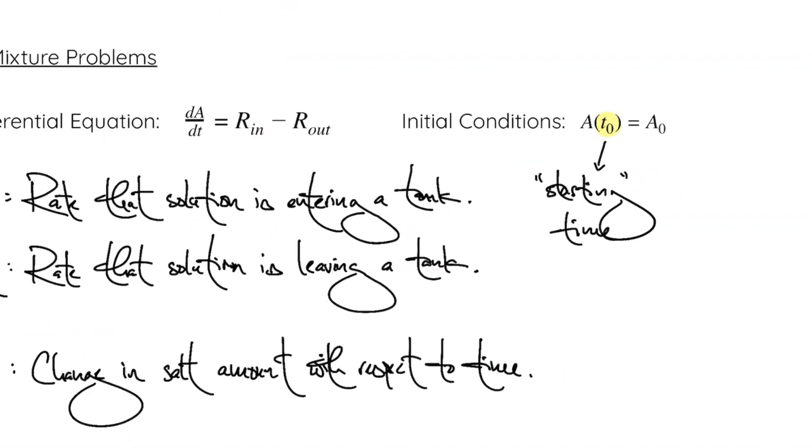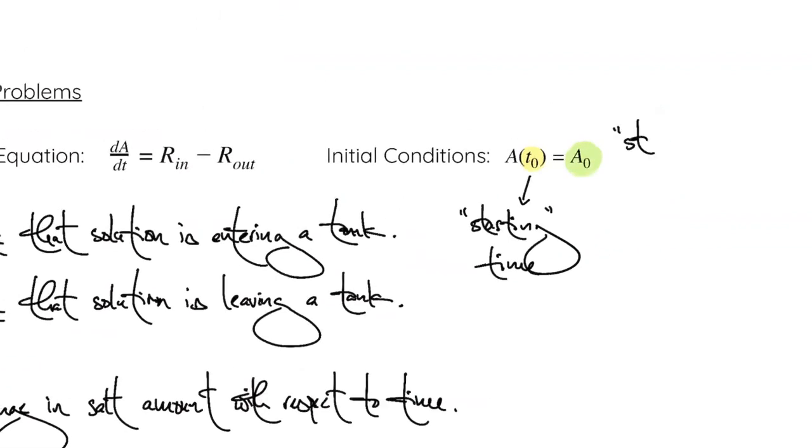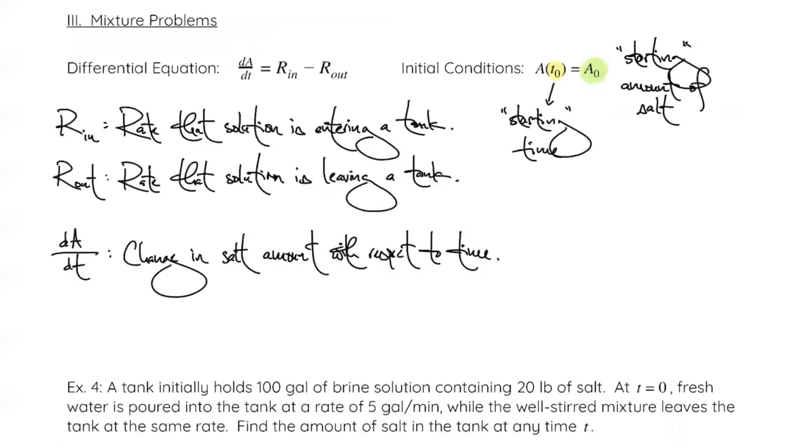And our A naught, that is our starting amount of salt. Okay. And so with these three variables and differentials, that's really what we're going to focus on in the next three problems. Okay, so we have far less variables than we do in the Newton's law of cooling. So hopefully it'll be a little bit easier to set up and keep track of things.